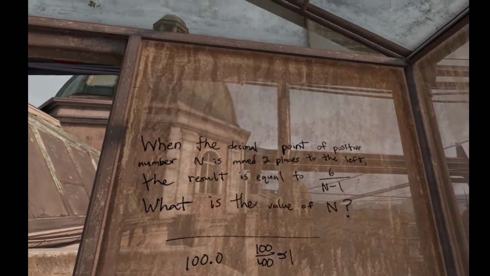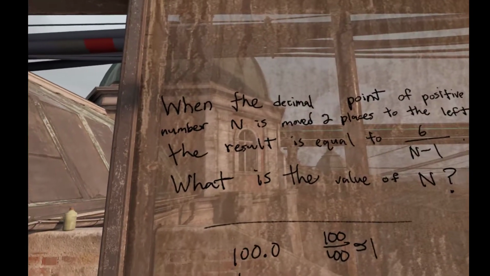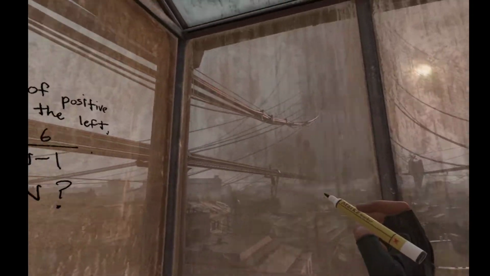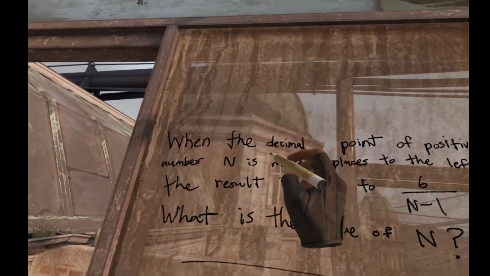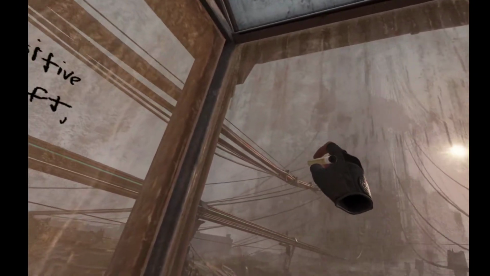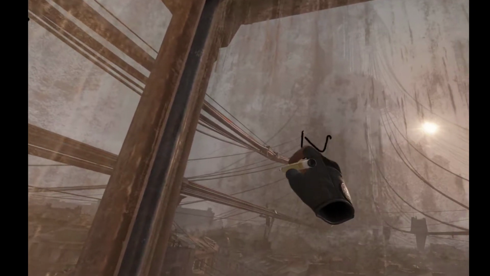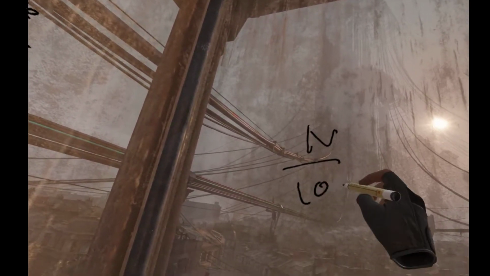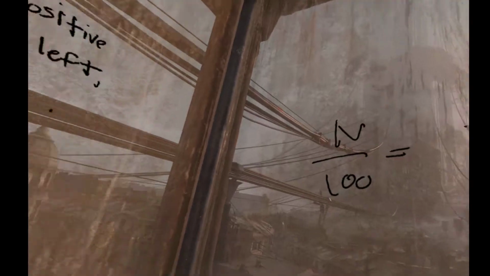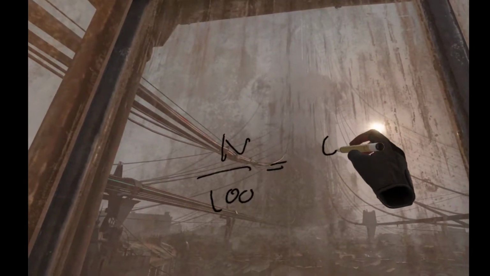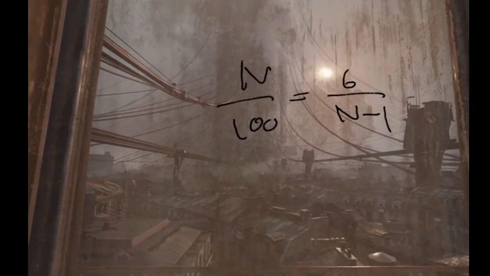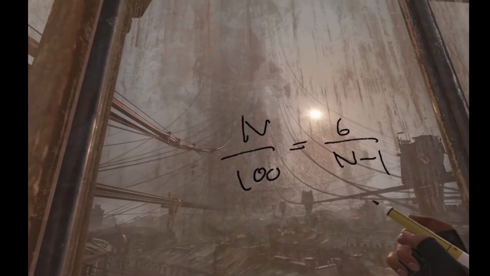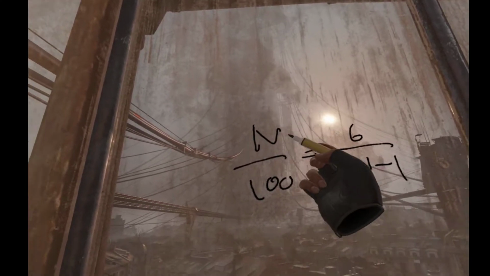So if we rewrite this question, it's telling us n divided by 100 is equal to 6 over n minus 1. And we could simplify this equation to get n all on one side. Let's first cross multiply.